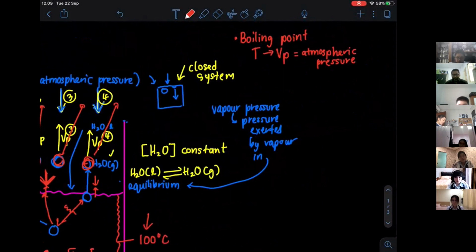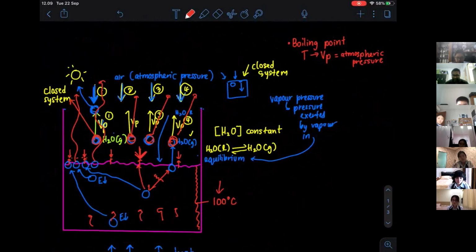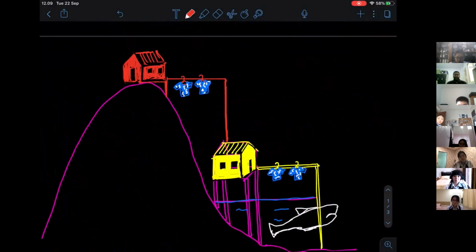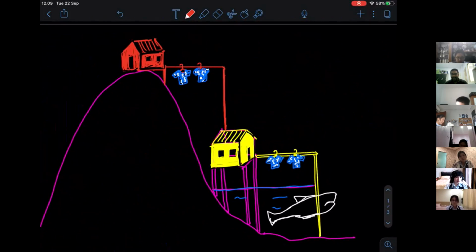Now let's try to apply this concept to day-to-day life. I've drawn a diagram over here. Let's say we have two people staying around a mountain area. This one is the sea, and you can see a great white shark over there. Let's put someone staying here, maybe Arwen, and let's say Yiwen is staying here.